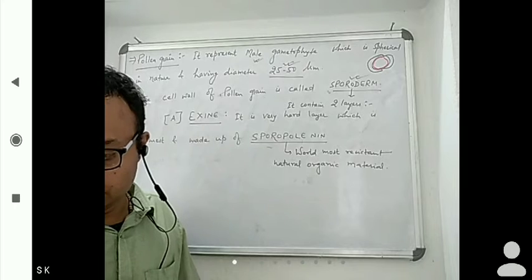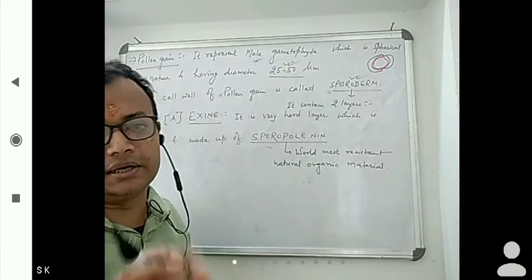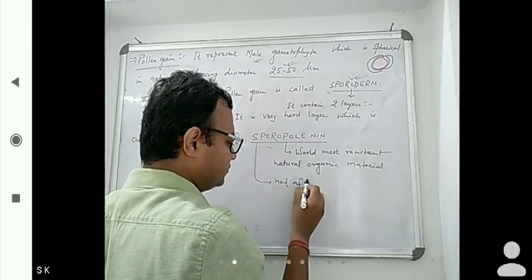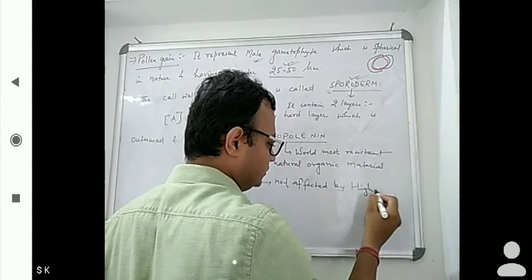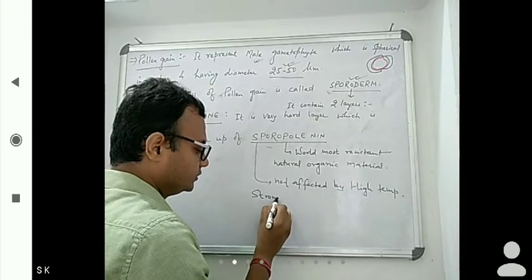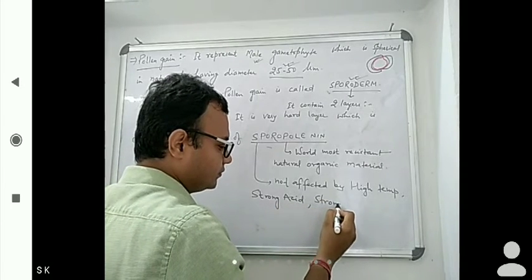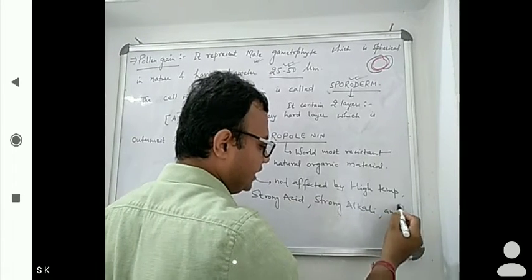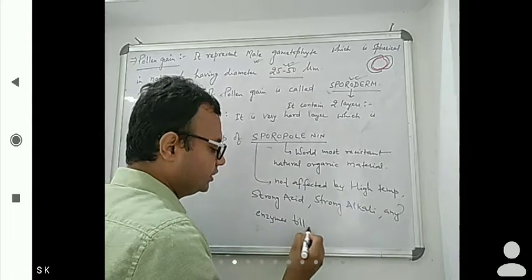Okay, now what I told, it is not affected by high temperature, strong acid, strong alkali, so you have to remember this. Not affected by high temperature, strong acid, strong alkali, any enzymes till yet discovered.